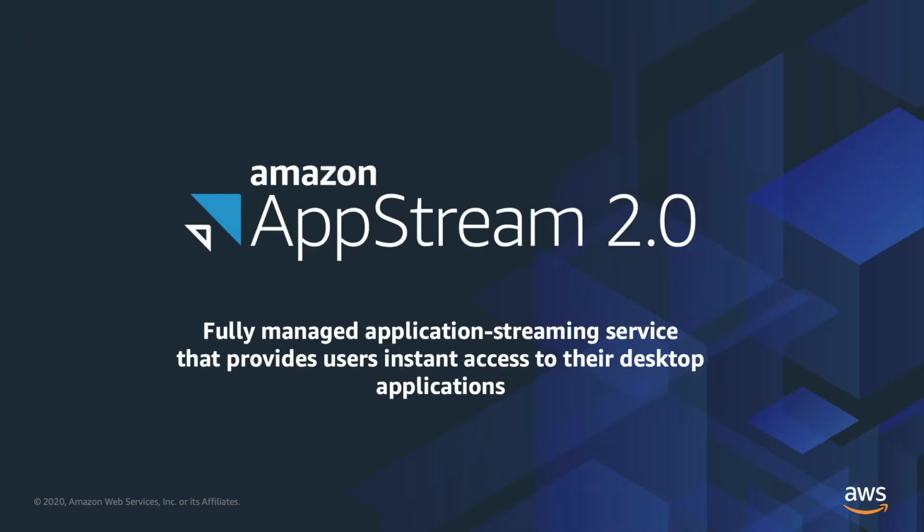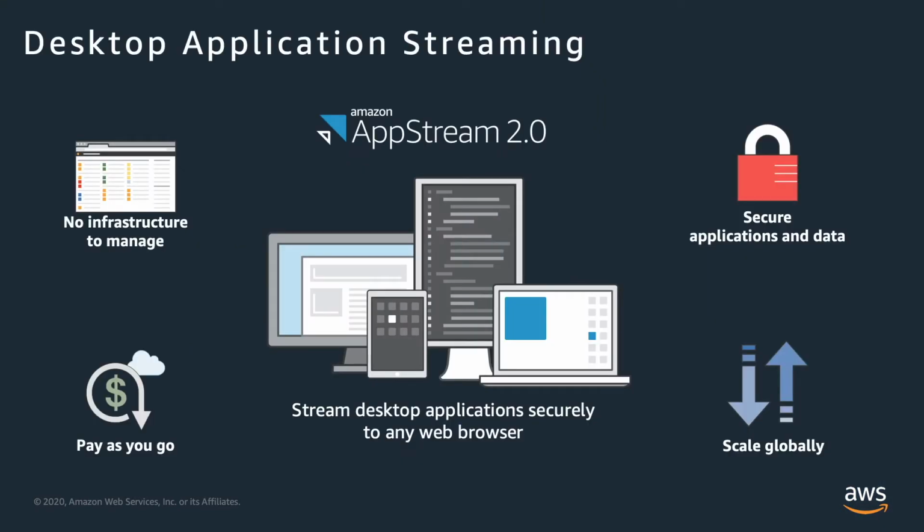Now let's take a look at Amazon AppStream 2.0. AppStream 2.0 is an application streaming platform. It allows administrators to bring their applications to the cloud and stream those applications via web browsers to the end clients. AppStream provides a pay-as-you-go model, and you are only paying for the number of users on the platform.